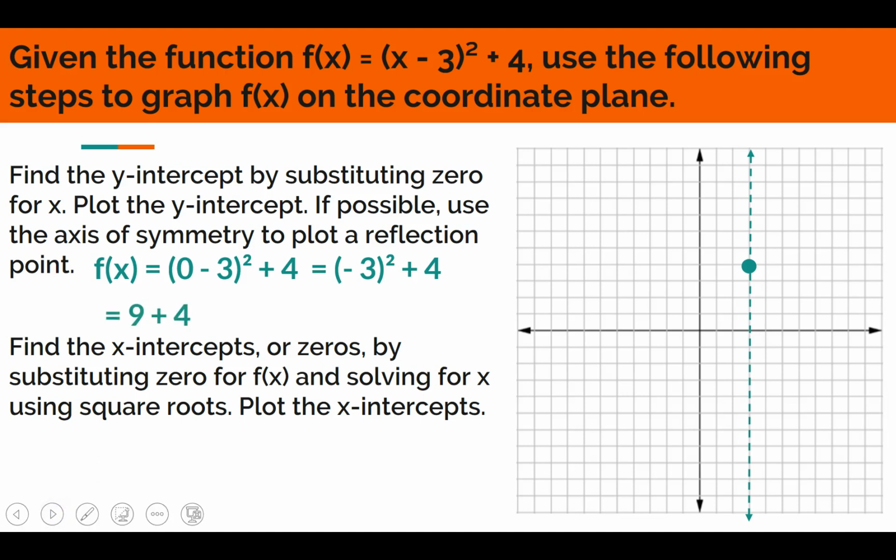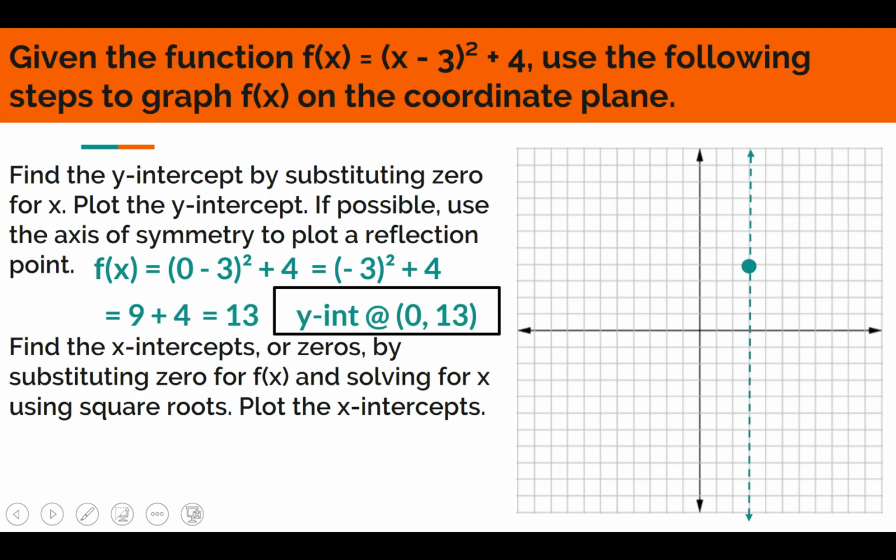And what is 9 plus 4? 13. So my y is going to cross my y at 13. So remember, we plugged in an x of 0 to get a y of 13. So my y-intercept is 0, 13. Okay, we plugged in our x of 0 to get the y of 13.